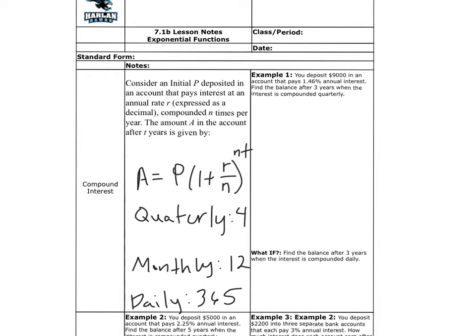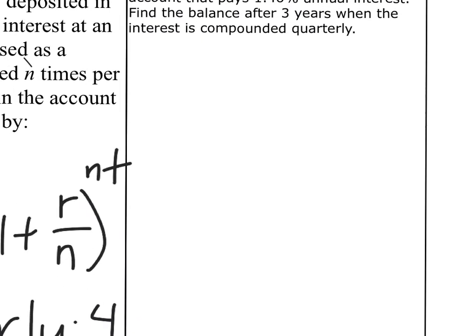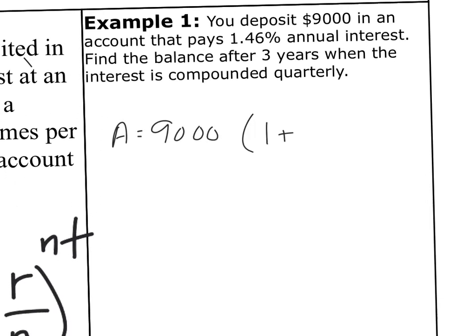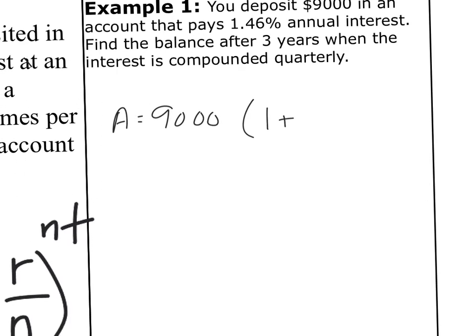Let me back up and zoom in so that I can write more. There we go. So I've got A is equal to 9,000. And then we have our 1 plus, now our R, we said that was going to be 1.46%, right? So that means I've got 0.0146.